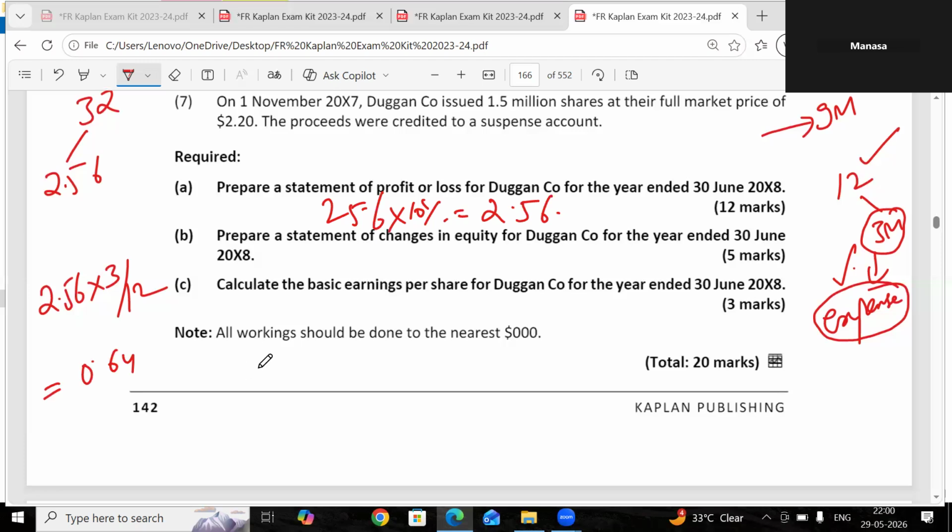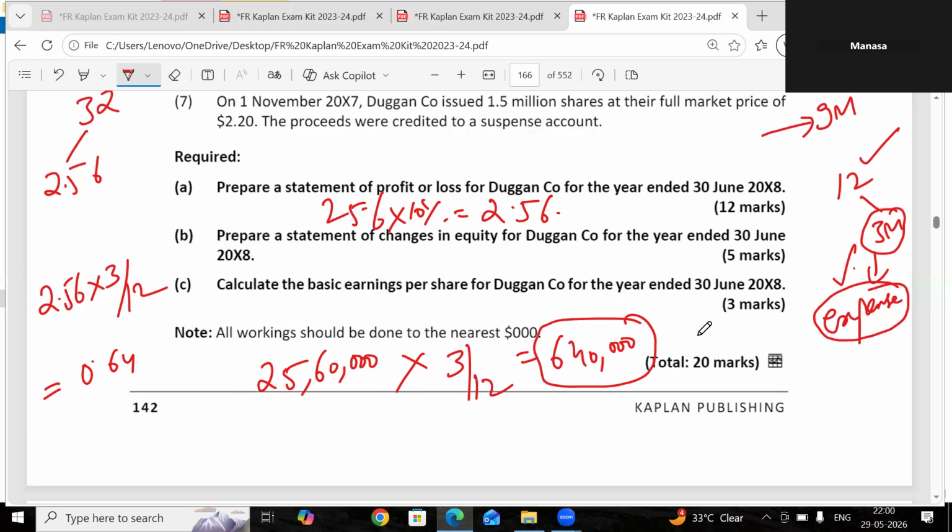So actually it is 2.56 million. So we take 25 lakh 60,000 into 3 by 12. So we get 6 lakh 40,000.